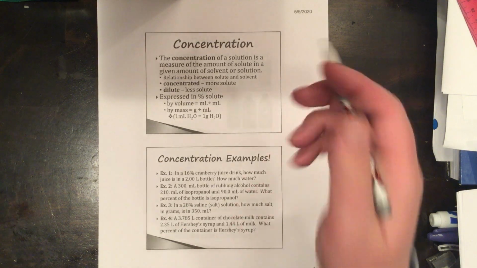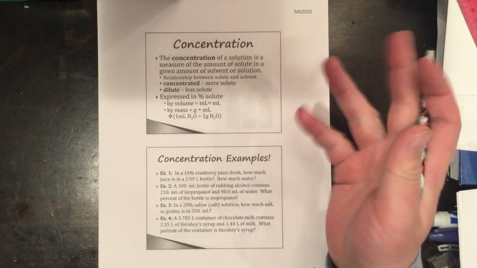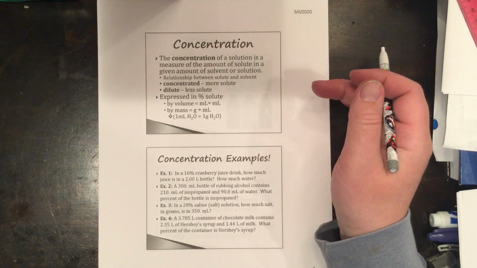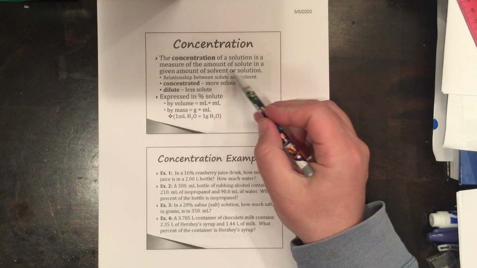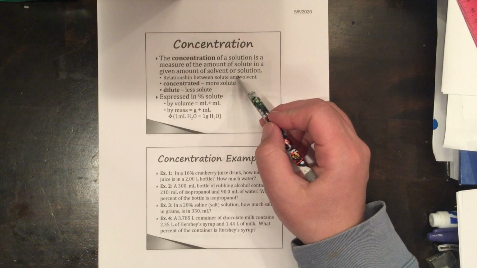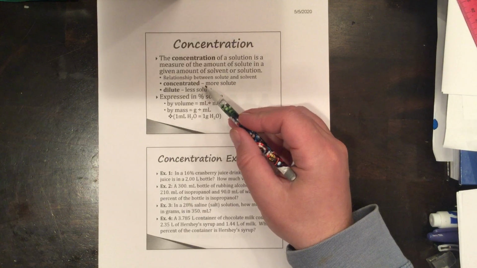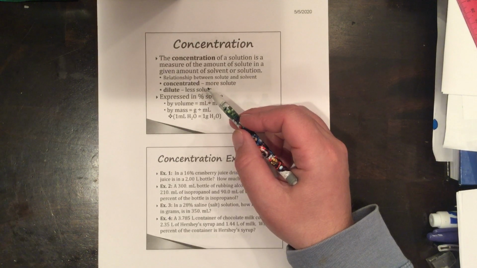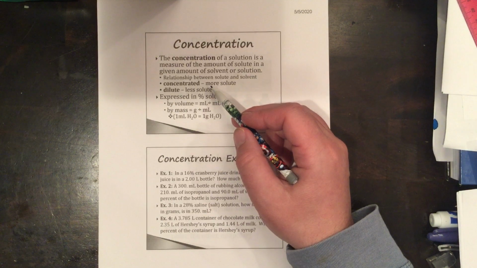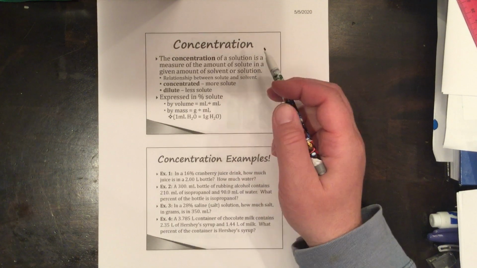Concentration. So here's your concentration examples here, and I'll do these in a different video. It's a measured amount of solute in a given amount of solvent or solution, okay? So we tend to use words like concentrated and diluted, pretty much everyday kind of words. Concentrated means there's a lot of stuff in it.